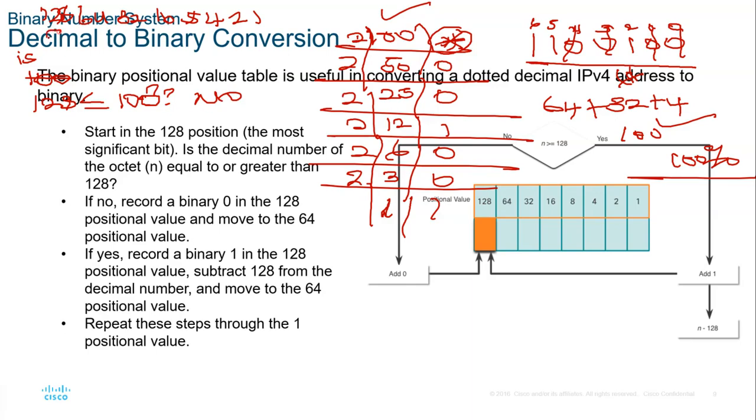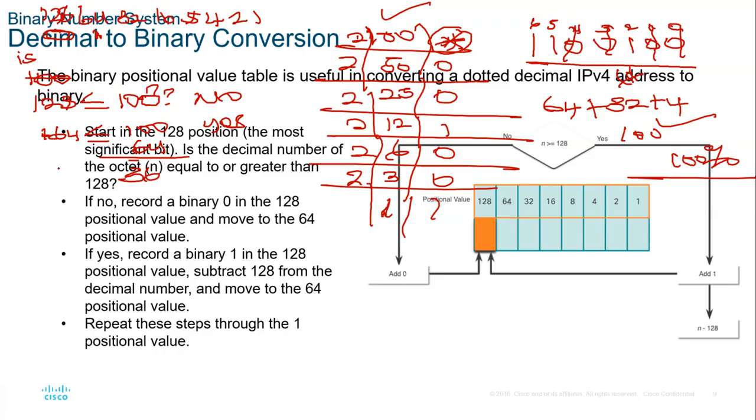For 128, you give it a 0. And then we proceed. Is 64 less than or equal to 100? Of course, 64 is less than 100. The answer is yes. We record the 1 under 64, and then we subtract 64 from 100, and we remain with 36.